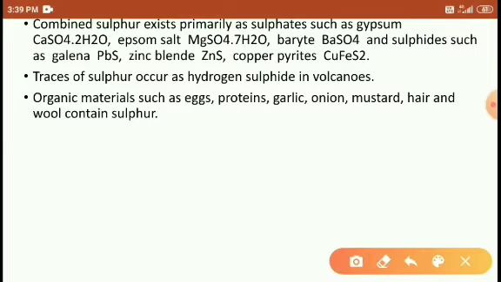When volcanoes erupt, they release hydrogen sulfide gas, which is poisonous. Organic materials like egg, protein, garlic, onion, mustard, hair, wool contain sulfur. These are the occurrences of sulfur, students.